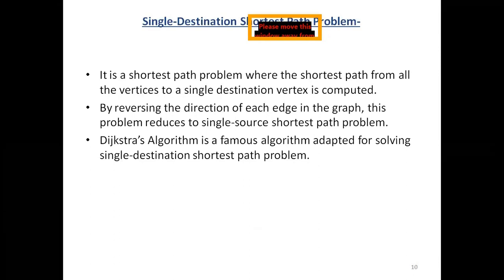Dijkstra's algorithm is a famous algorithm adapted for solving the single destination shortest path problem as well.